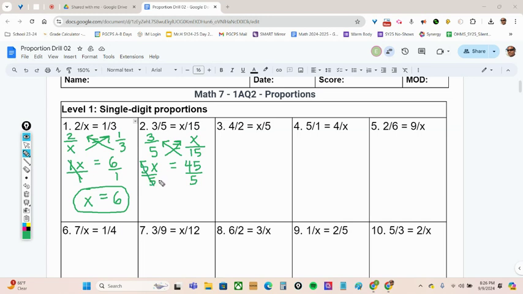This cancels. 5 divided by 5 equals 1x. But we don't have to write the 1. Okay, we could just write x equals 45 divided by 5, which equals 9. Circle your final answer.